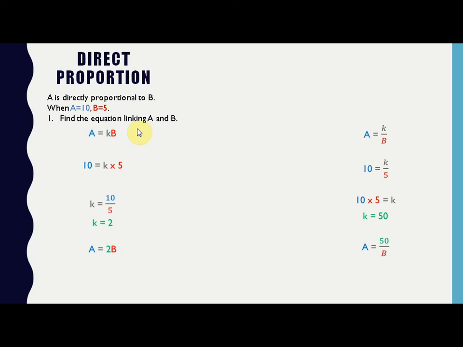This is to find the equation linking A and B. We start with the general formula, then substitute the values into the equation, and then solve for K. Here the value of K equals 2, so the equation becomes A equals 2 times B.